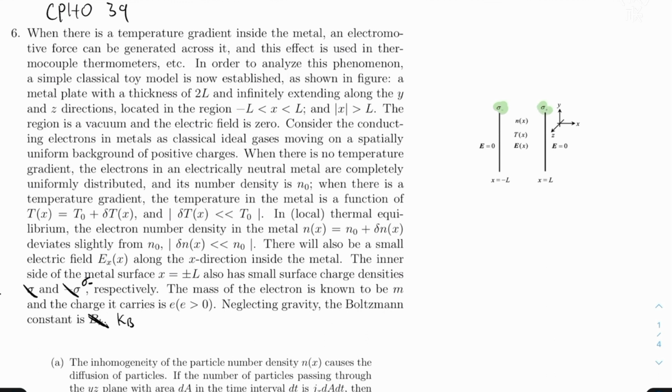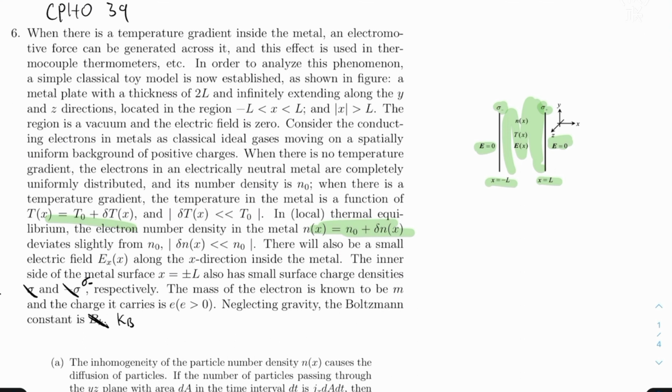And there's no E field outside of the region from x equals negative L to x equals L. And the problem is saying that if there is a temperature gradient, it will change the electron number density. Well, the total amount of charges inside the plate should be 0.